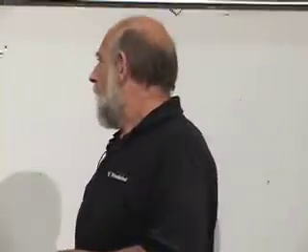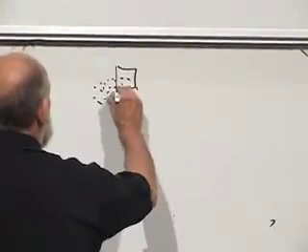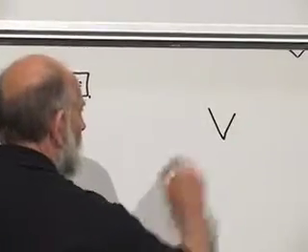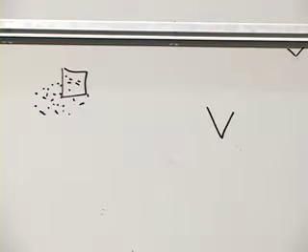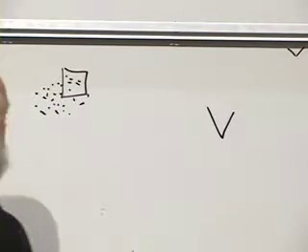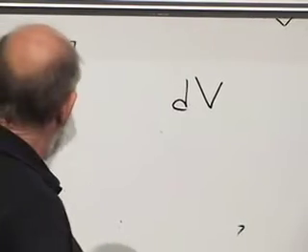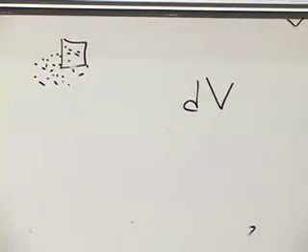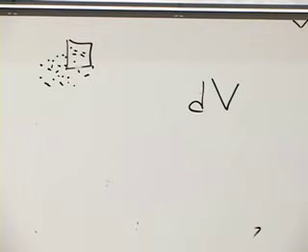Now, you take a little volume of space. Let's call it volume V. Make it a small volume. We're going to think calculus, we're going to think differentially. A small volume of space, let's call it dV, and take the charge in that small volume of space. If the volume of the space shrinks to smaller and smaller dimensions, of course the charge will also shrink to smaller and smaller dimensions.